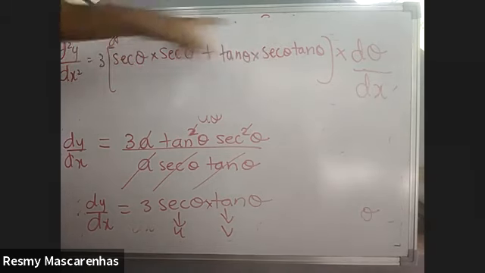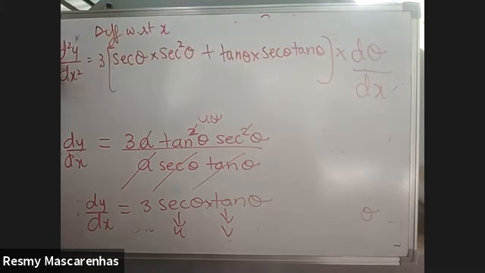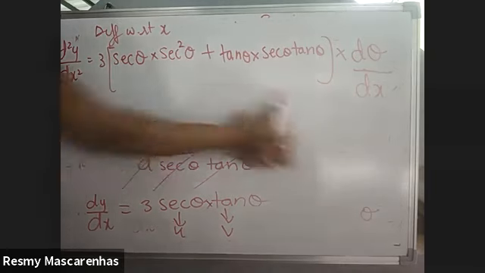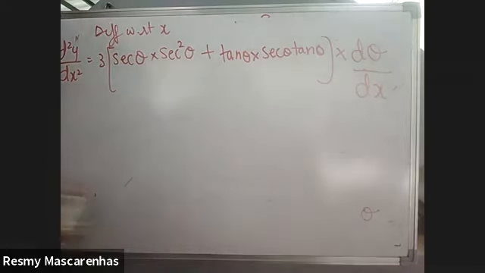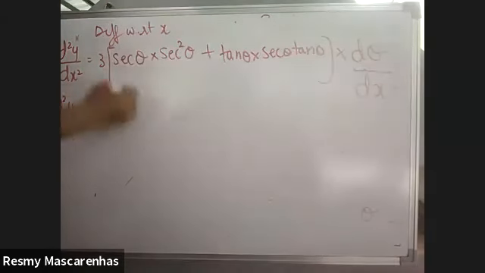And what is common between both the terms? Sec theta is common, so you can remove out sec theta. So sec theta, I'm taking out common from both the terms.